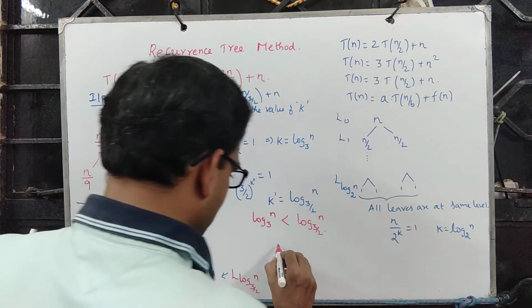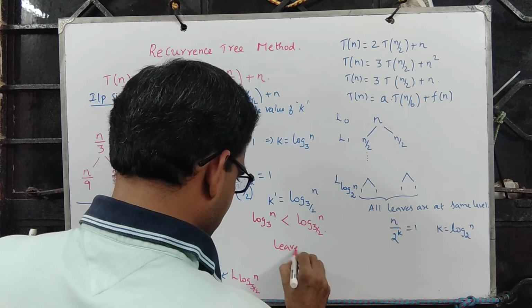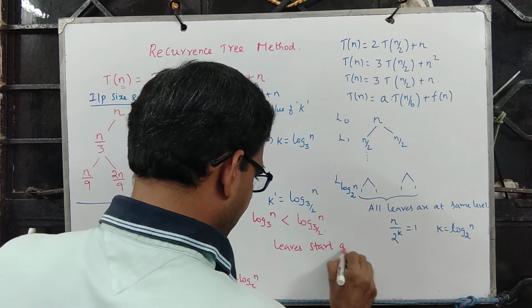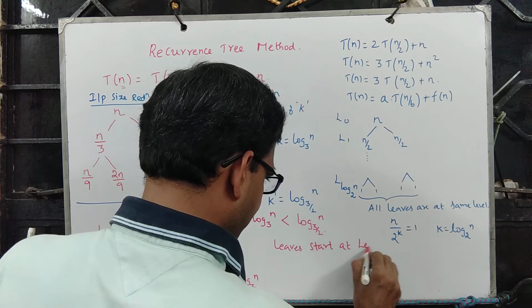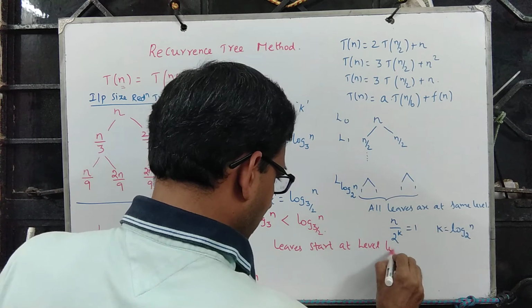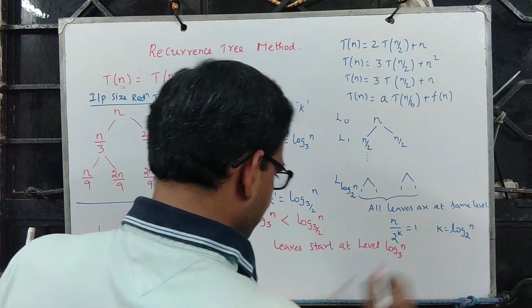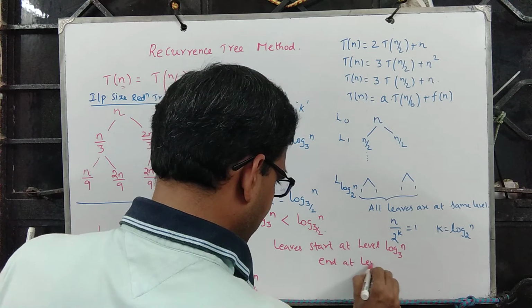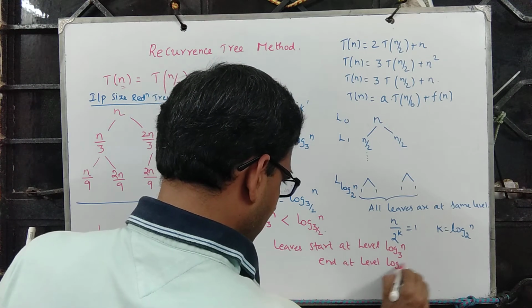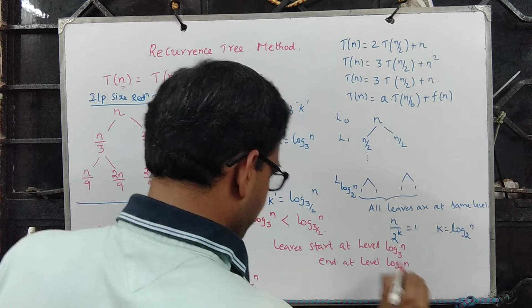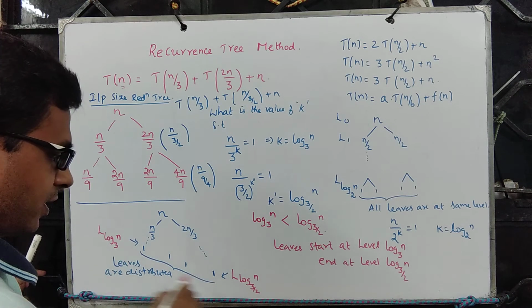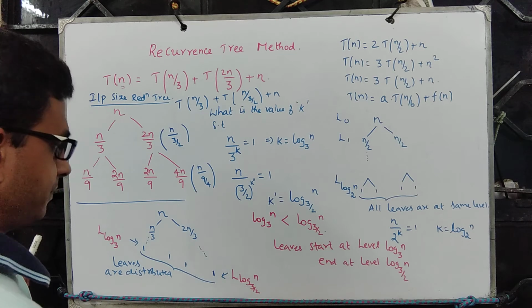Which means the leaves, they start at level log n base 3 and they end at level log n base 3 by 2. So the minimum level is this, maximum level is this.